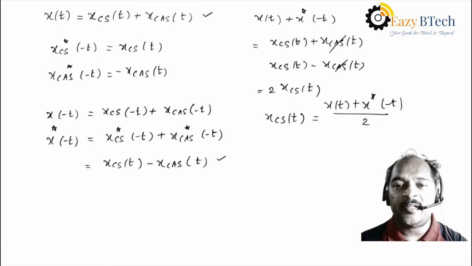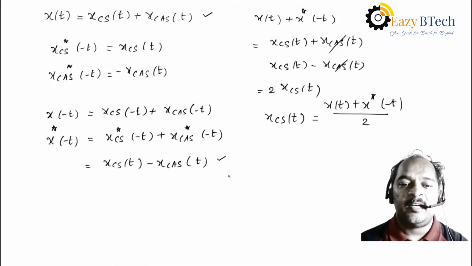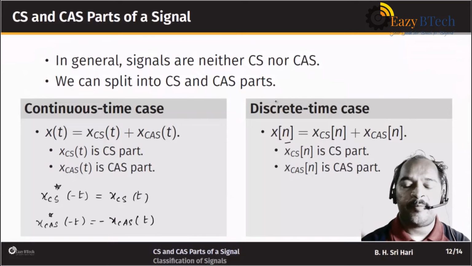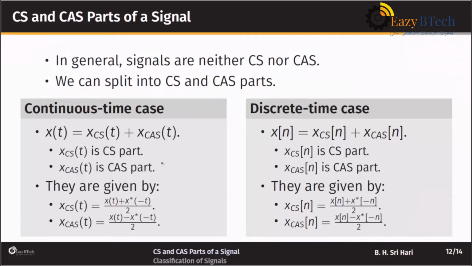In a similar fashion, if you subtract, you get the conjugate anti-symmetric part. So the final result: the conjugate symmetric part of the signal x of t is x of t plus x star of minus t by 2, and the conjugate anti-symmetric part is x of t minus x star of minus t by 2, and the same rule applies for the discrete time case.